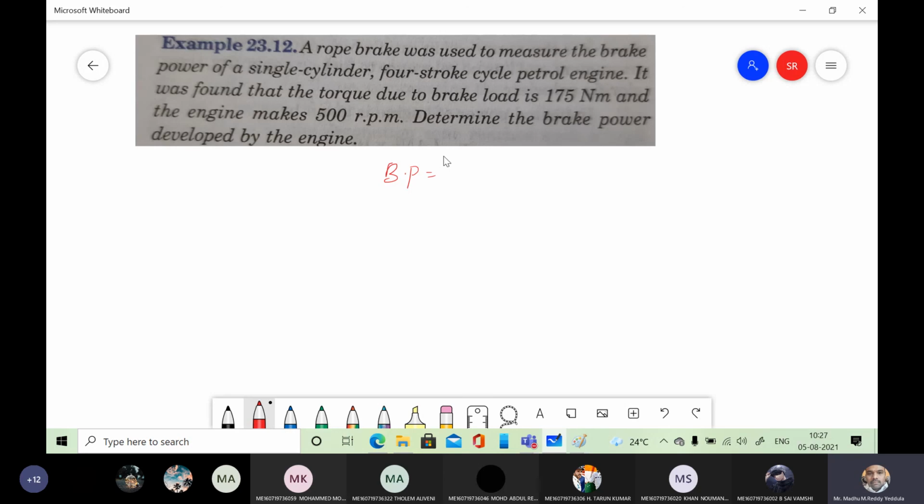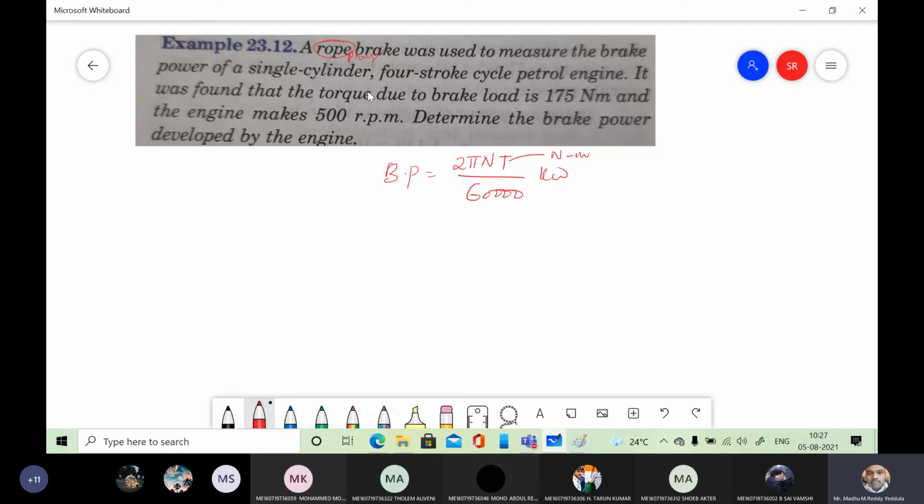Here he mentioned rope, but it is a Prony brake dynamometer. If it is a Prony brake, we should use 2 pi N T by 60,000 kilowatt, where T should be in Newton meter.